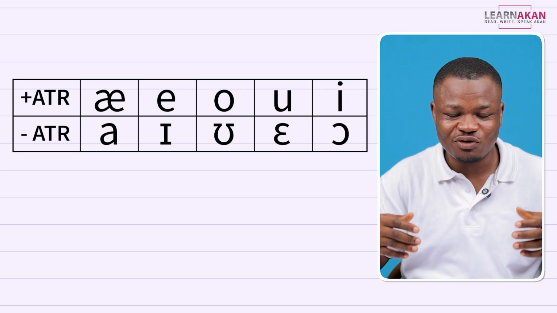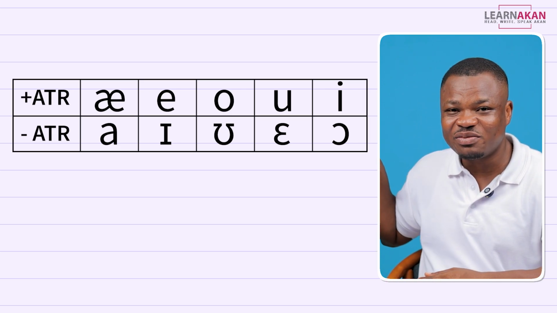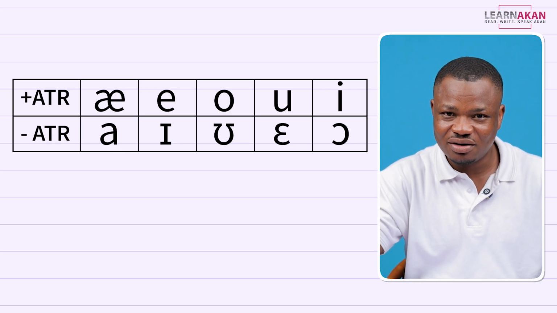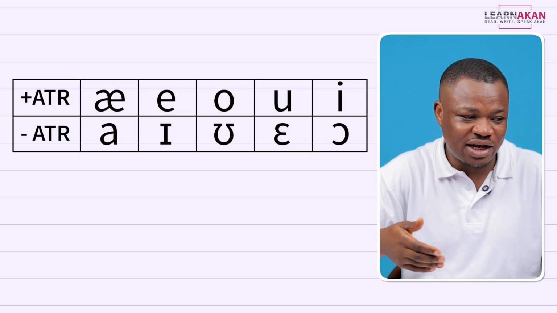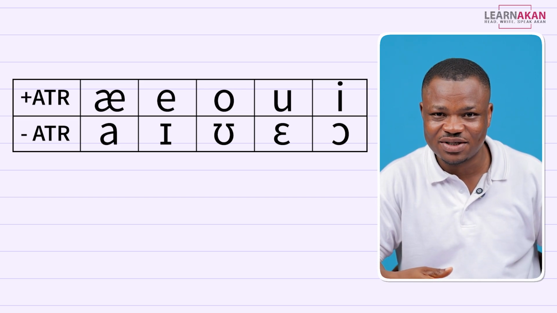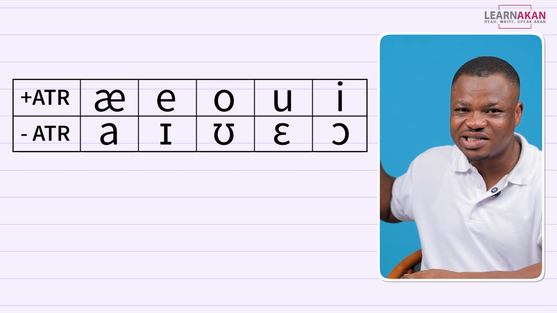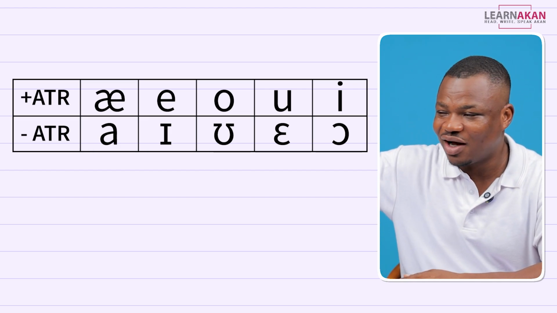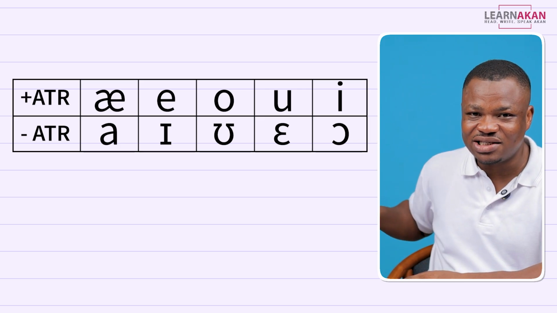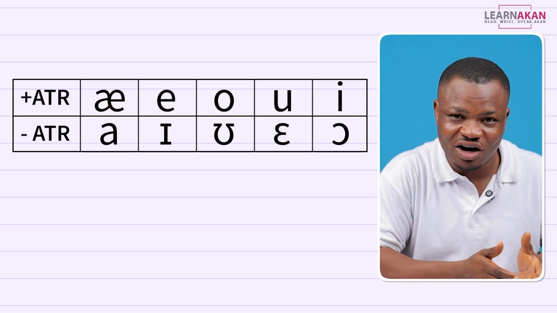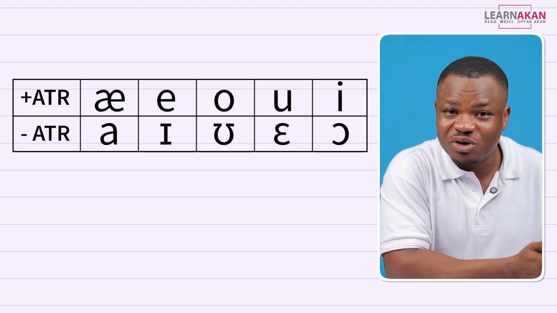In a lot of cases, you find that vowels from the same set co-occur within an environment. And this is not just within a word, it's within a word and even across words sometimes. So when vowels from the same set, so for example, vowels in the plus ATR or vowels in minus ATR occur within the same environment, we say it's harmonious, right?